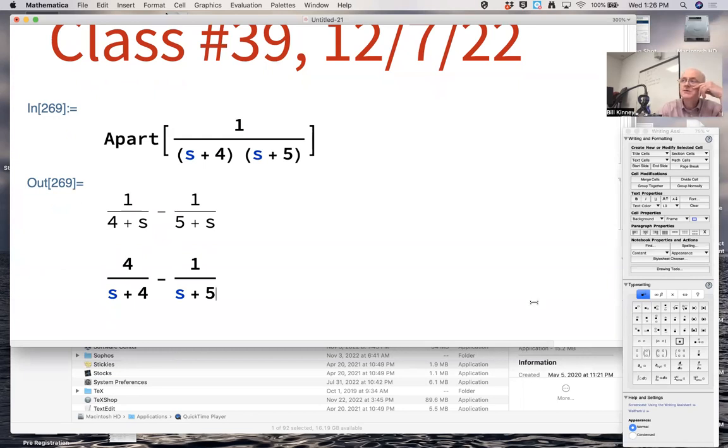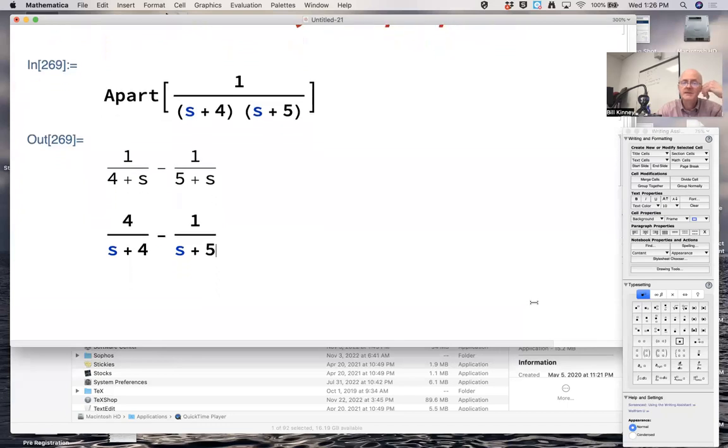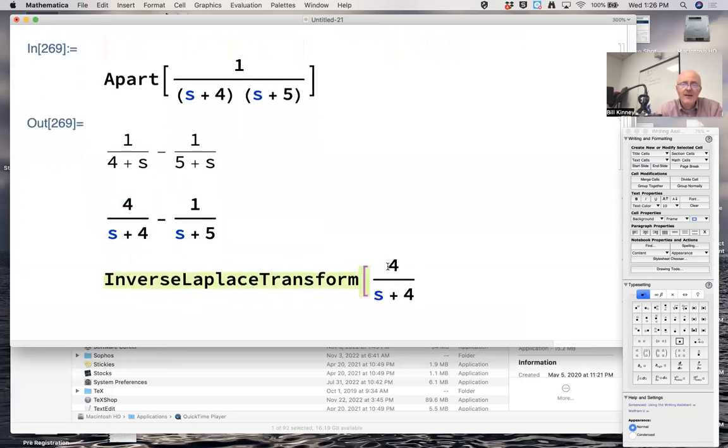Since the Laplace transform is linear, the inverse Laplace transform is linear as well. Hey, how about that? Inverse Laplace transform in Mathematica is a built-in function. What's the inverse Laplace transform of this? Let's do it without the 4. Here's the syntax.